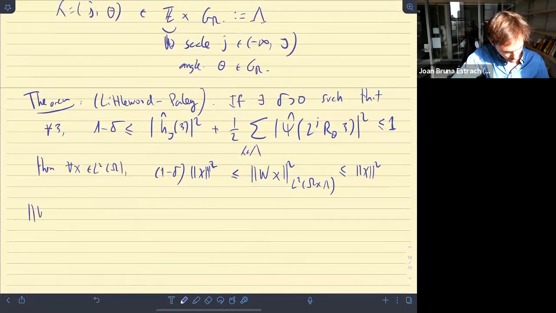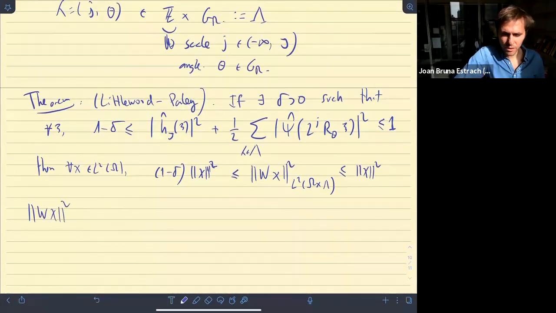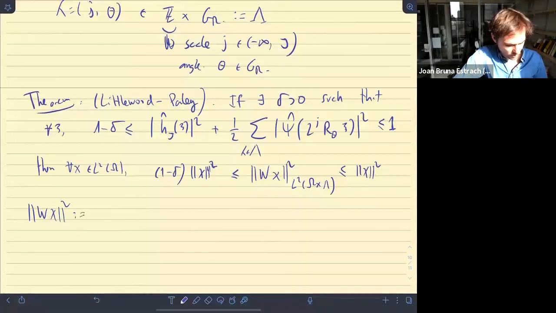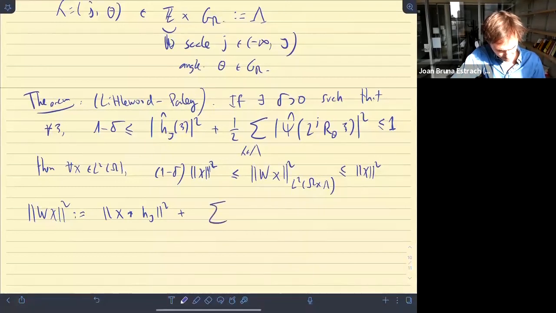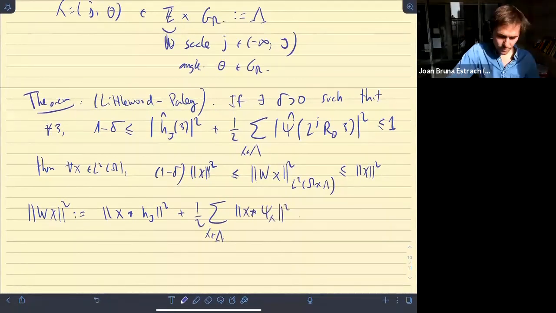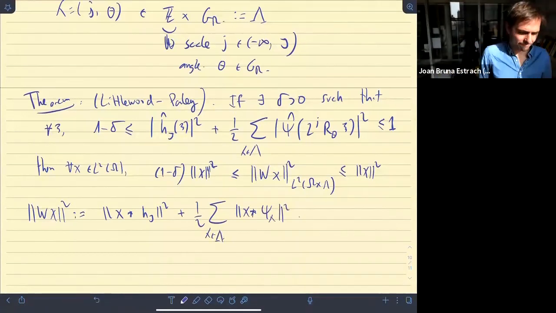Remember that the norm of this wavelet transform, in the scattering domain, sorry, the wavelet domain, is just defined as the norm of the low pass plus the sum over lambda of the norm of the wavelet coefficients of x.